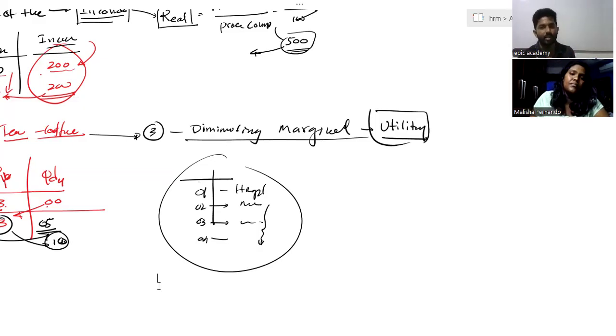But we know that if we can consume goods and services at lower prices, that will increase the satisfaction. If we are going to purchase goods and services at higher prices, yes, we know that our satisfaction can be reduced. So it also helps to create the negative relationship between price and quantity. So that is very important, right?